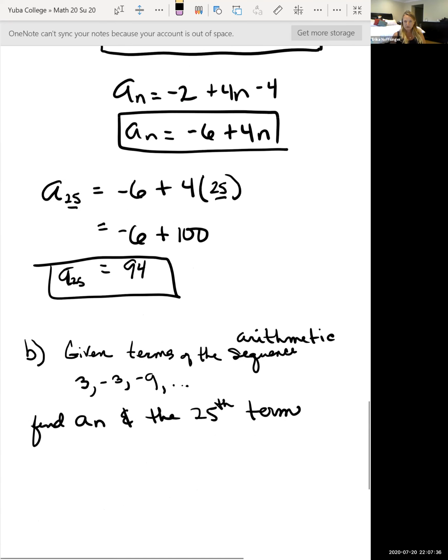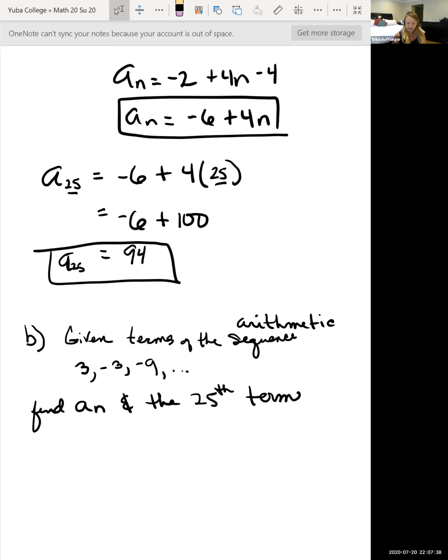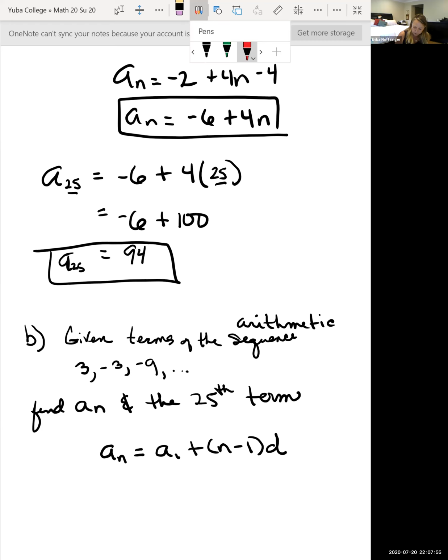Well, they gave us enough information that we can find a sub n. A sub n, again, one way to find this is it's our first term, a sub 1, plus n minus 1 times d. Well, you're given the sequence, right? And so our first term, the first term listed, that's a sub 1. So a sub 1 is equal to 3.